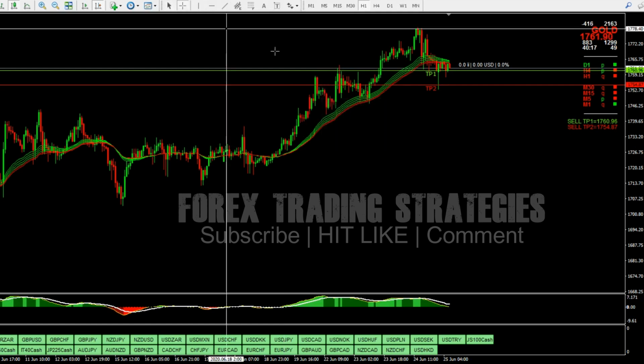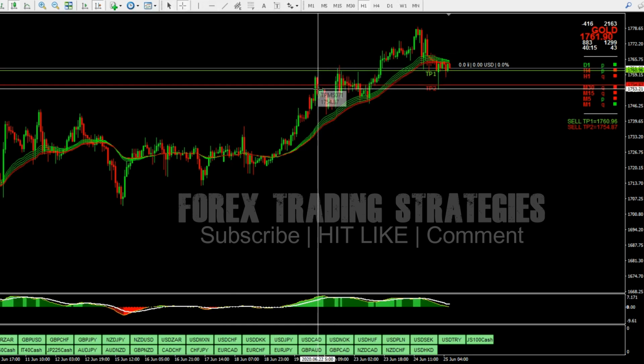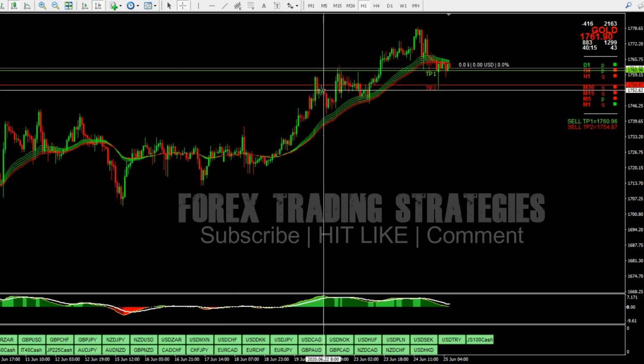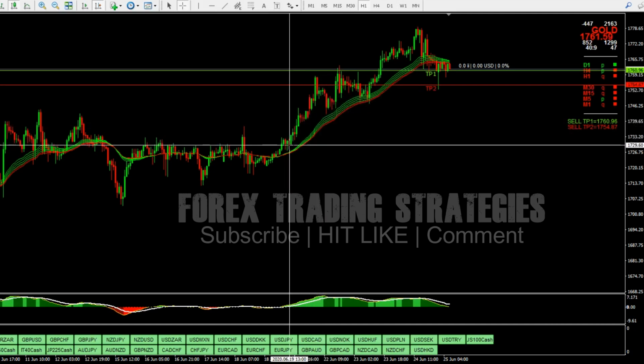When price gets here and reverses, your trail stop will probably get hit somewhere here. So that 10% or 5% will probably have netted you 244 pips here. Not bad.